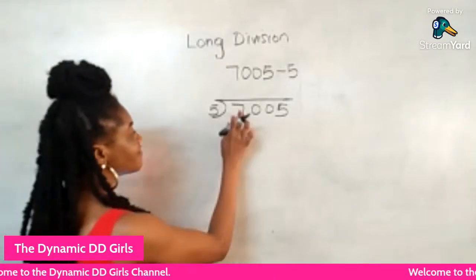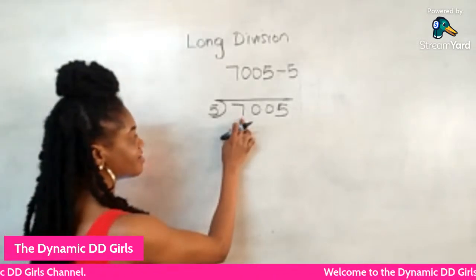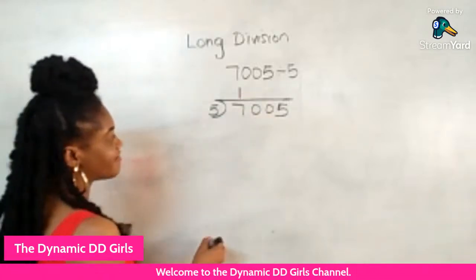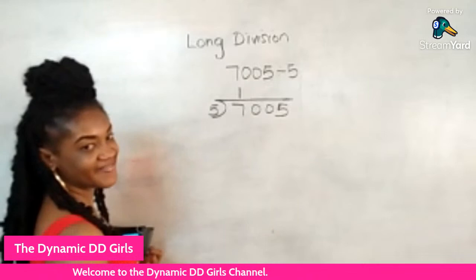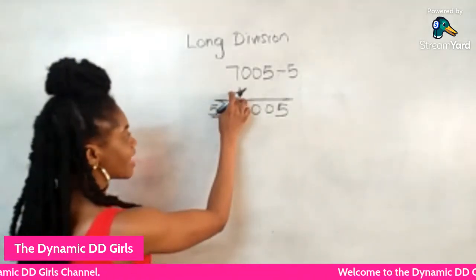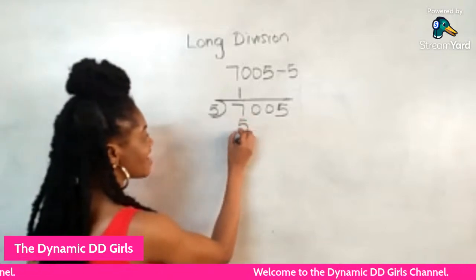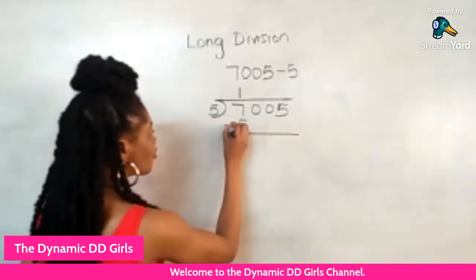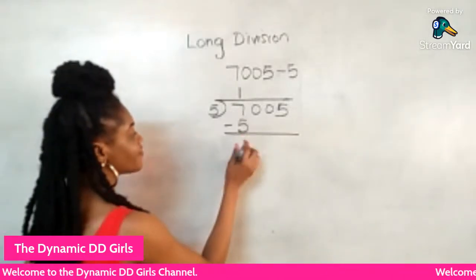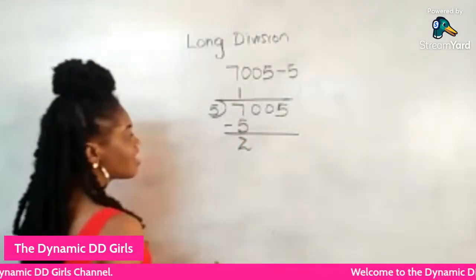How many groups of 5 can we get from 7? We can only get one group of 5 from 7. Now we multiply. 5 multiplied by 1 is 5. And we're going to take away. You have 7 to give away 5, you have 2 left.